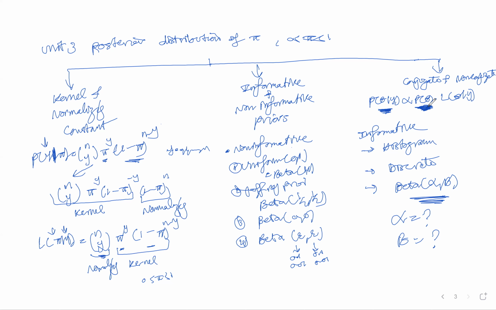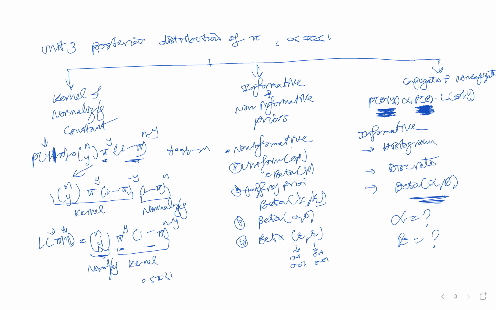If you use the normal and the posterior is normal, then normal is a conjugate prior. If you use the uniform and the posterior is uniform, then uniform is a conjugate prior. If you use the beta distribution and the posterior is beta, then beta is a conjugate prior. Otherwise, it is a non-conjugate prior. So this is the difference between conjugate and non-conjugate priors.